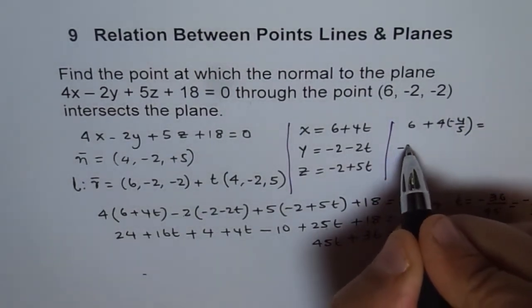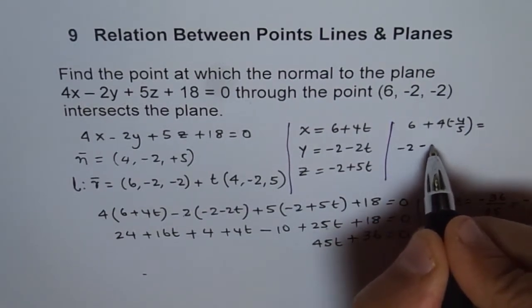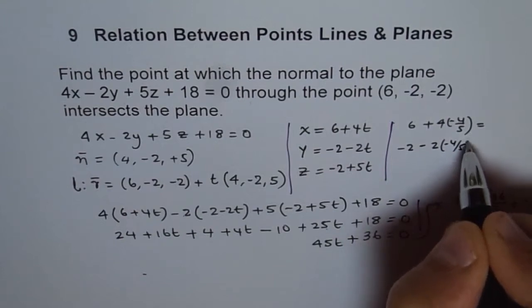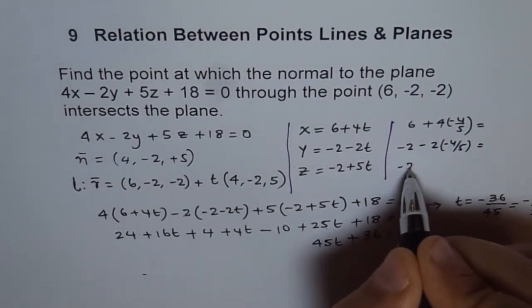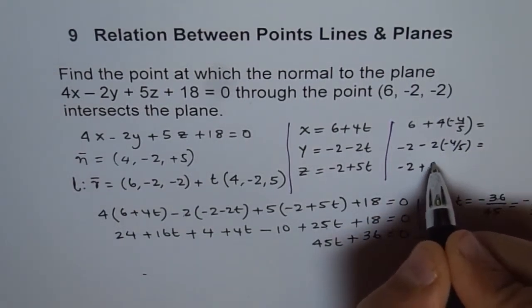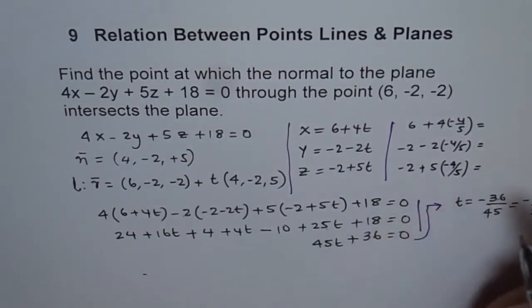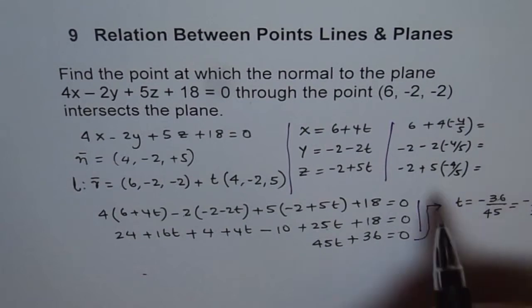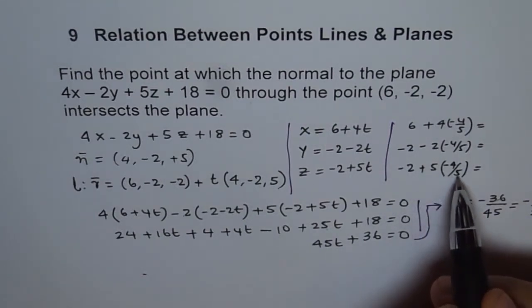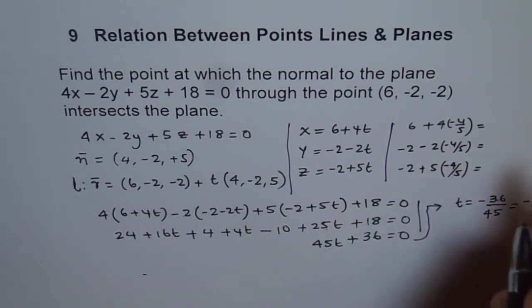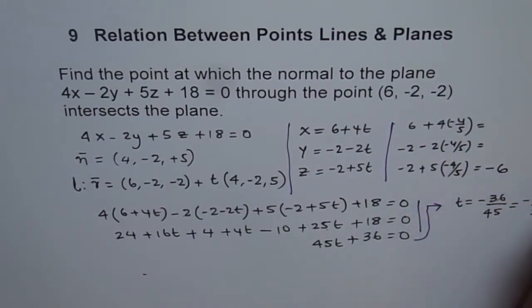And y is minus 2 minus 2 times minus 4 over 5. z is minus 2 plus 5 times minus 4 over 5, and we can calculate this. This one is easy, let's do this first. 5 will cancel out with 5, so you're left with minus 4. Minus 2 minus 4 is minus 6.